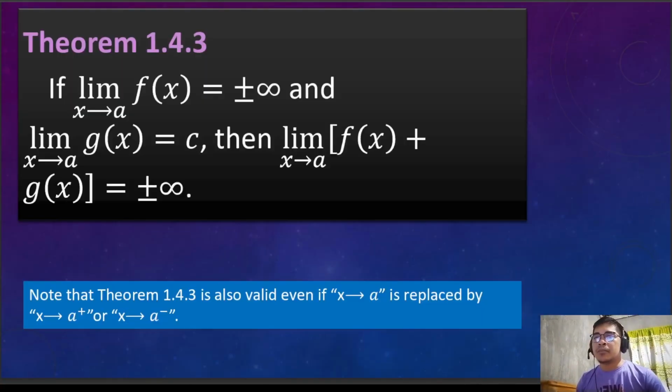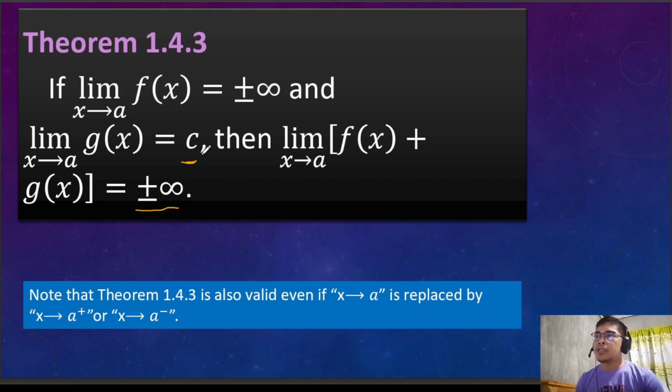The next theorem is theorem 1.4.3. If the limit of f of x as x approaches a is equal to positive or negative infinity, and the limit of g of x as x approaches a equals c or constant, then the limit of f of x plus g of x as x approaches a is equal to positive or negative infinity.